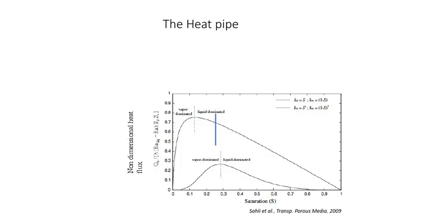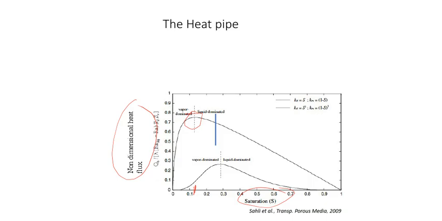The heat flow shown on the ordinate is a function of the saturation in the heat pipe. Saturation is a percentage of liquid, and the non-dimensional heat flow here reaches a maximum for a given saturation value, depending on the model and on the permeability.